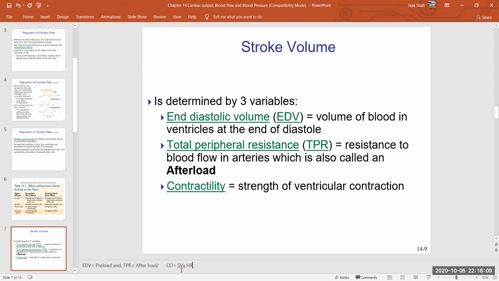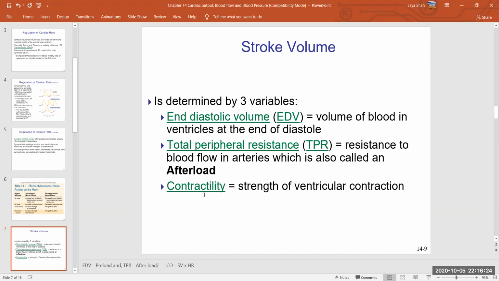Okay. So again, cardiac output is amount of blood pumped in 1 minute. Stroke volume is amount of blood pumped in each contraction, and heart rate is beats per minute.